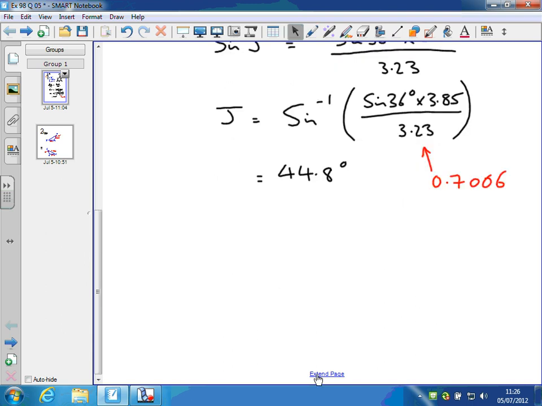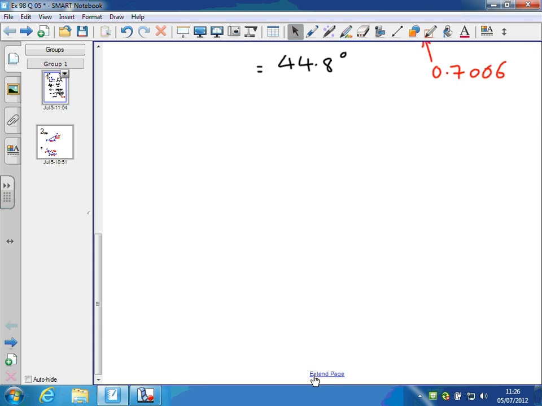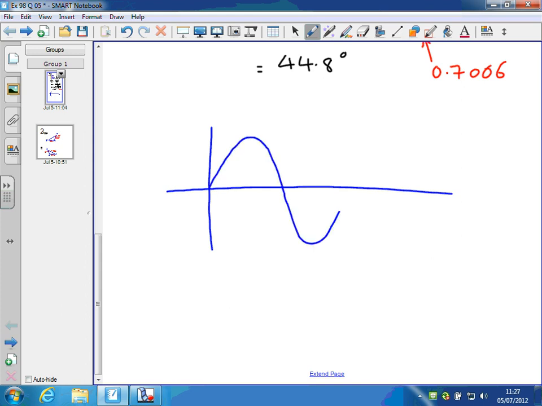If we look at the sine wave from which this comes, this gives the values for the sines of all the angles between 0 and 360 and onwards.